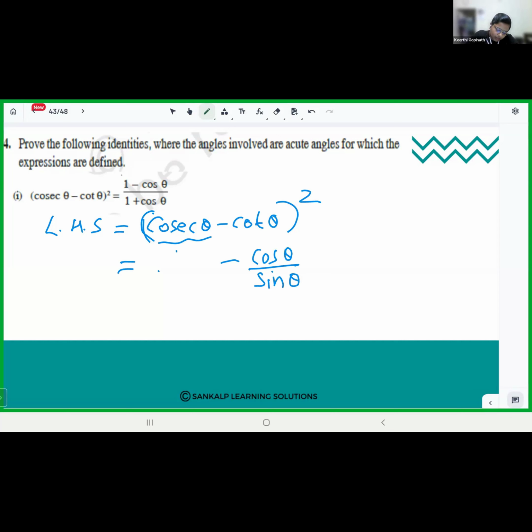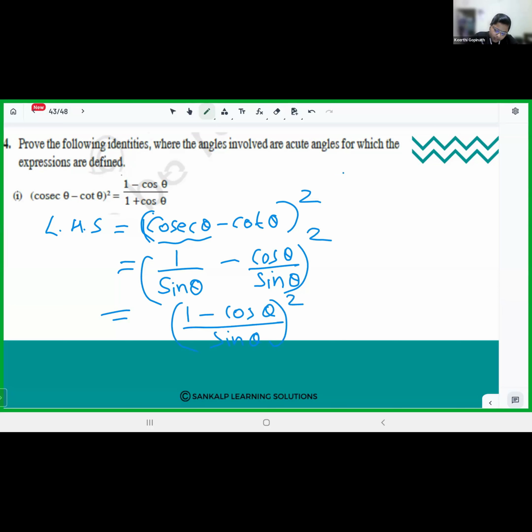Cosec theta can be written as 1 by sin theta minus cos theta by sin theta, the whole square. How will you solve this one? Sin theta is common, right? So 1 minus cos theta by sin theta, the whole square.